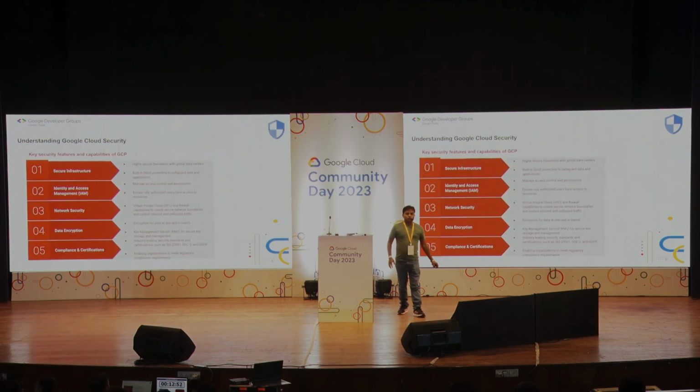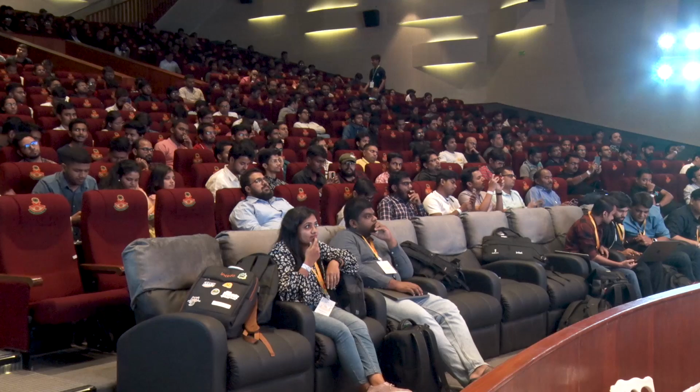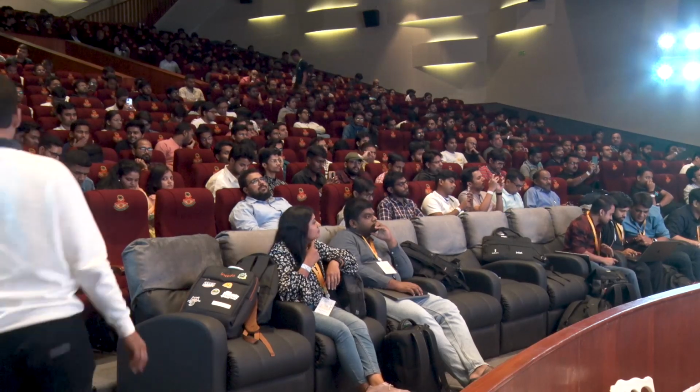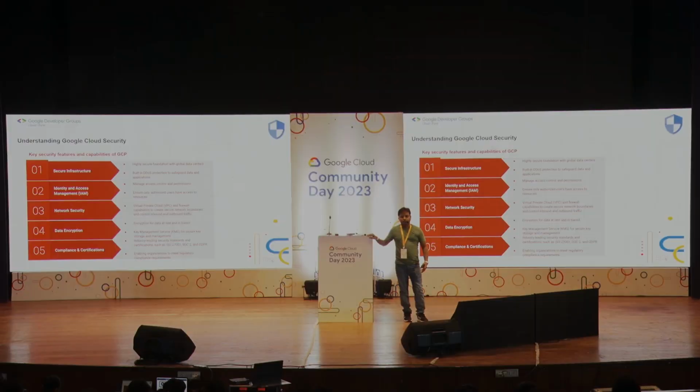So coming to Google Cloud, what security aspects is it already covering? What things is Google Cloud already offering you to secure your environment? Secure infrastructure, IAM, identity and access management, like the least privilege that we already saw in the previous session. Also network security, so Google Cloud provides the global VPC and the firewalls.